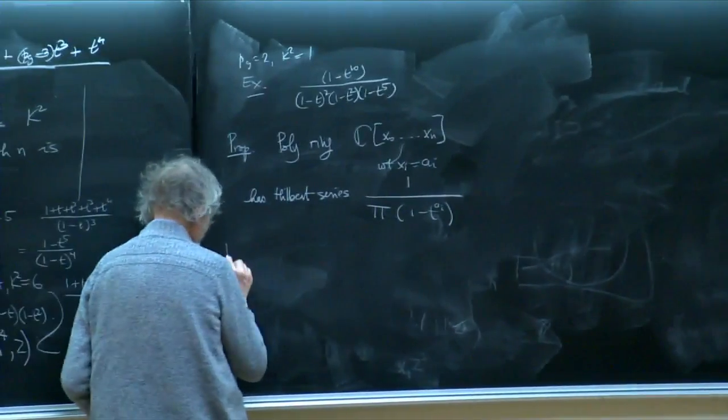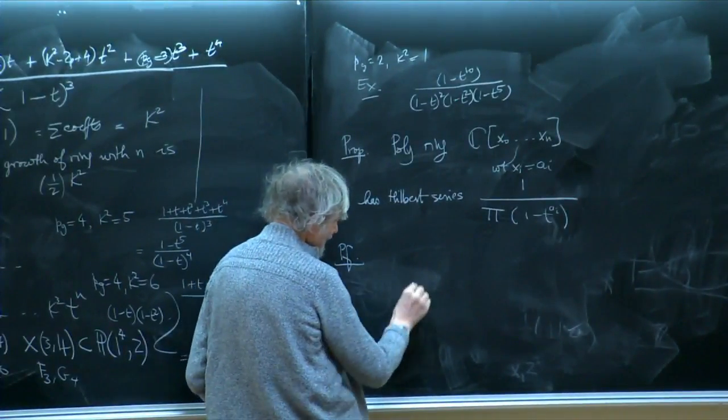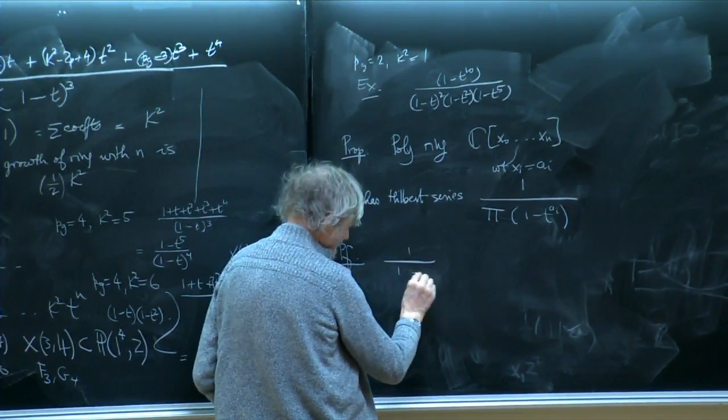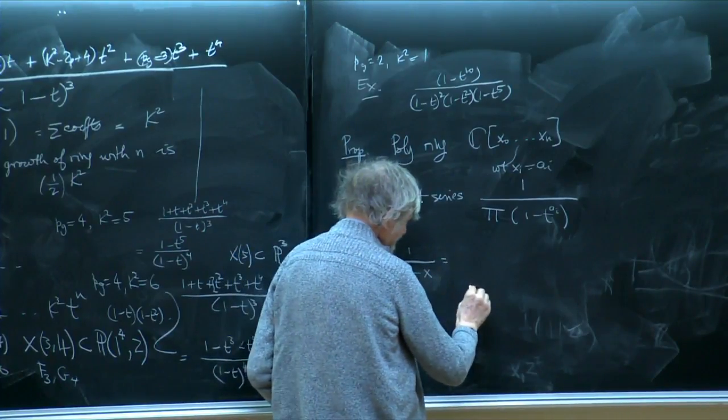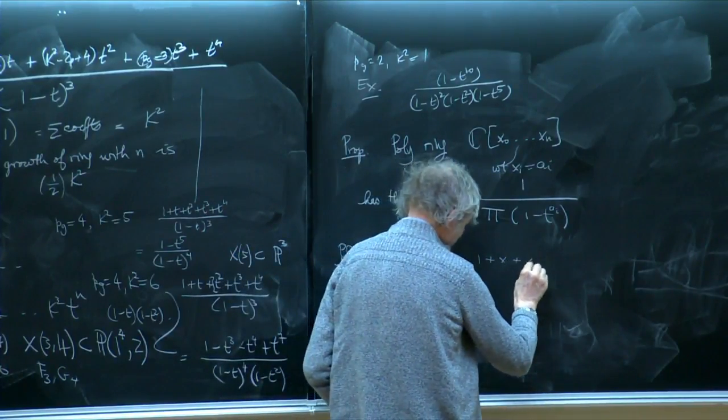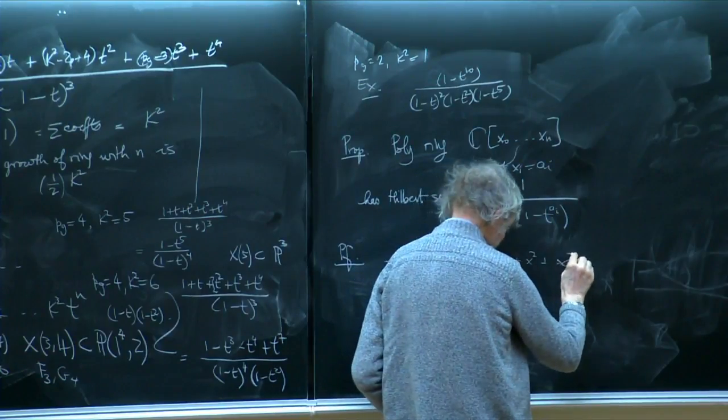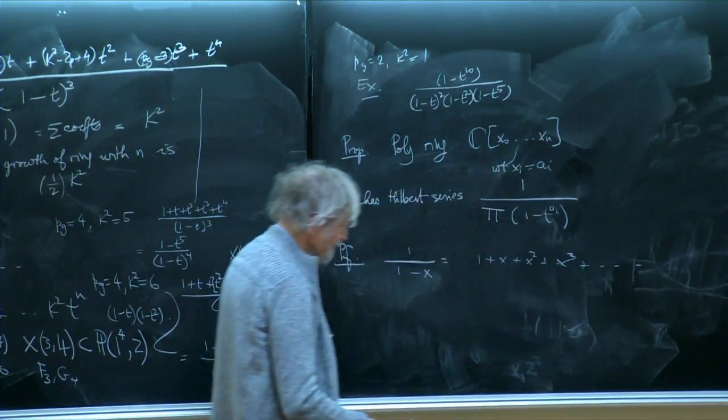The proof: if you write 1 over 1 minus x, this is 1 plus x plus x squared plus x cubed plus, you know the rest.